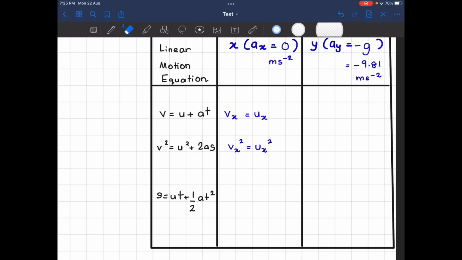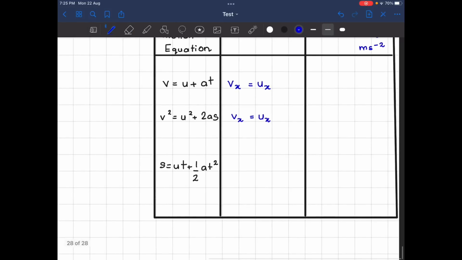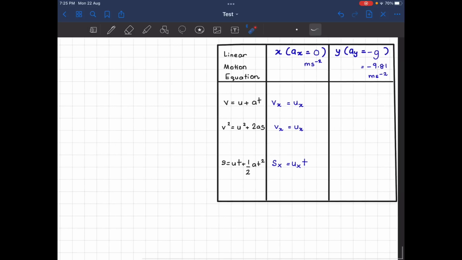If we square root both sides, you will be left with Vx equals to Ux. And then we have Sx equals to Uxt. Again, I don't have the half AT square because the value of Ax is 0. So these are the equations for the X component.